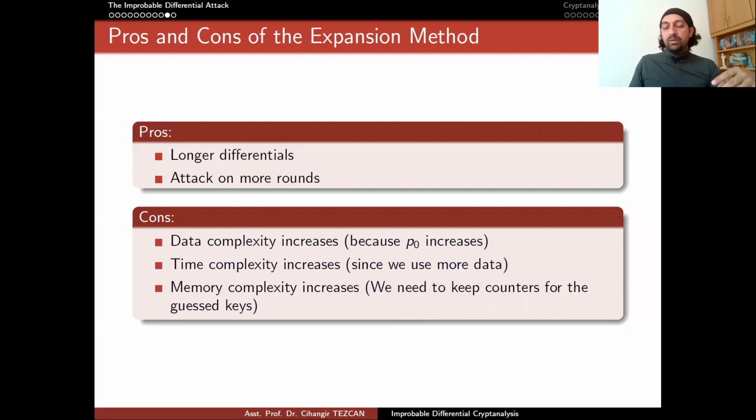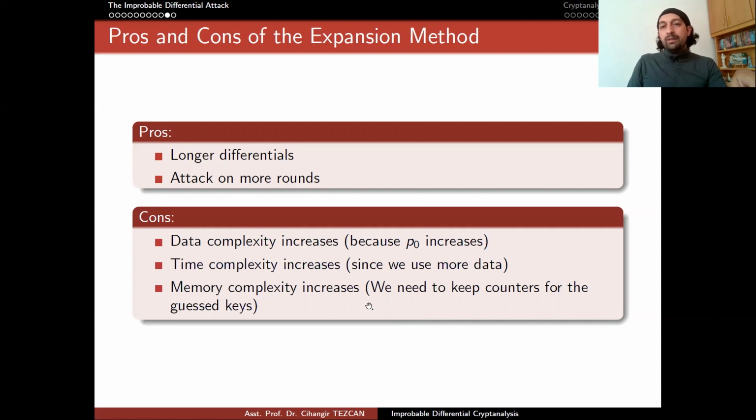So you eliminate it. You can just keep a counter, initializing the counters of all the keys to 0, for instance. And if you observe the differential for that key, you can make it 1, so that it says that it is not the correct one. So keeping 1-bit info for all of the guess keys is enough.